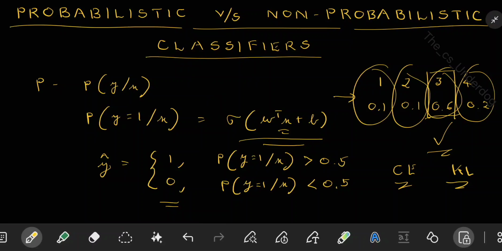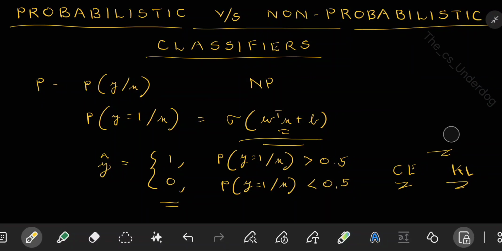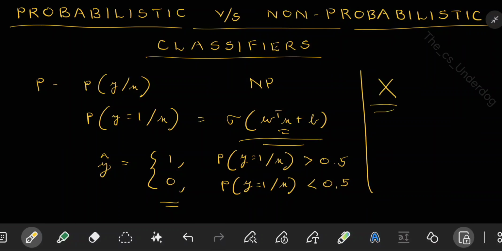So then automatically the question that comes to your mind is, what then is a non-probabilistic classifier? You are finding probabilities, then you are finding the class. Then what does a non-probabilistic classifier do? When it is non-probabilistic, it is no more concerned about probabilities. It is not going to find out how probable any class is.